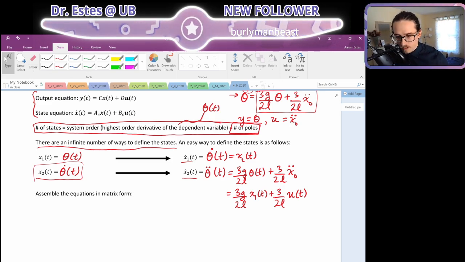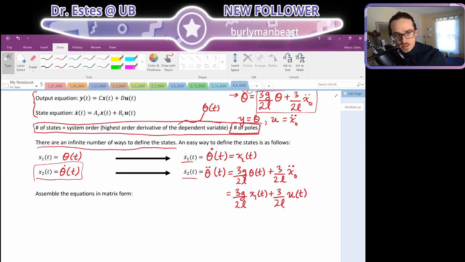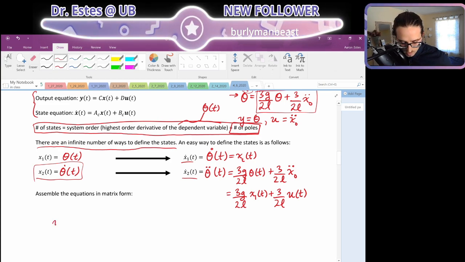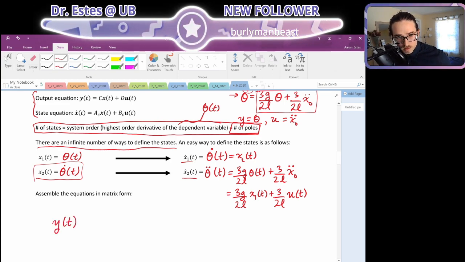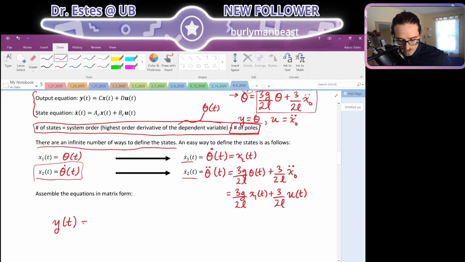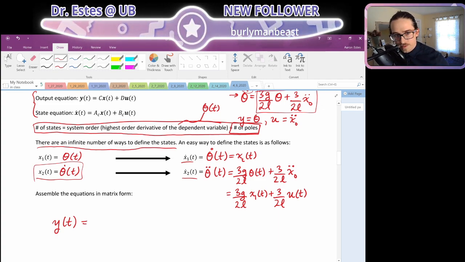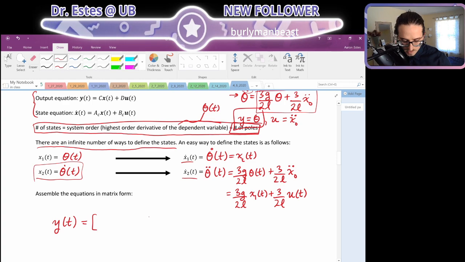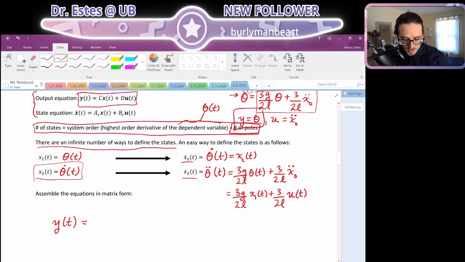So once you do this, we're going to assemble our state space equations in matrix form. So I want to start with the output equation. Y of t, I know it's equal to theta. We decided that we're measuring that angle, but I need to write that in terms of a matrix equation like this.